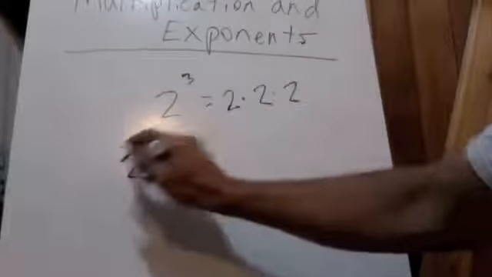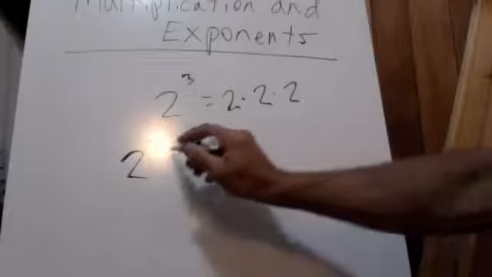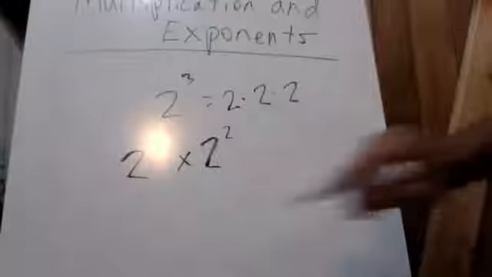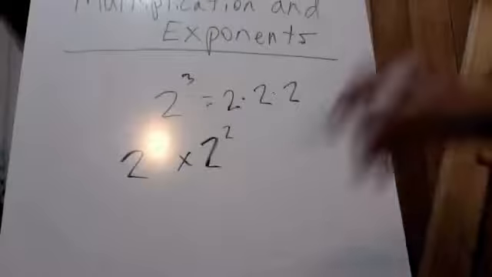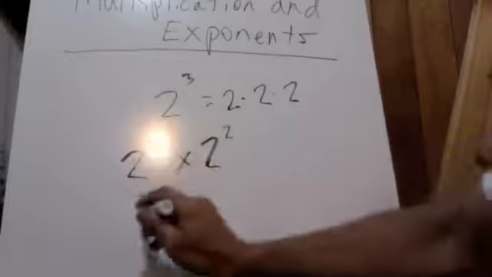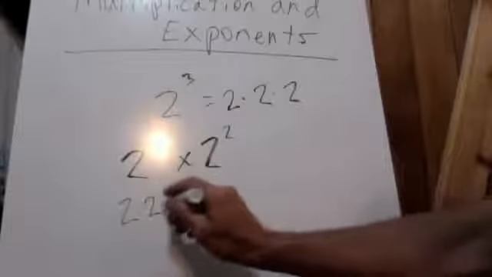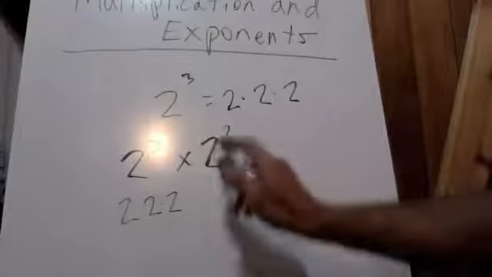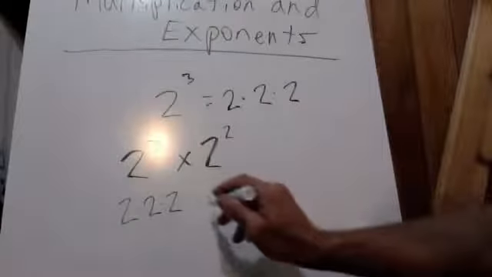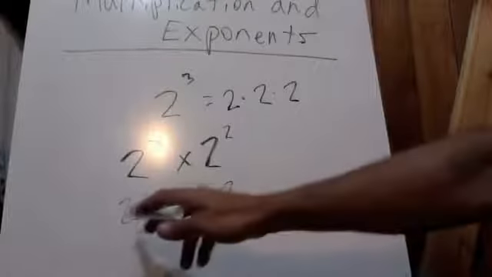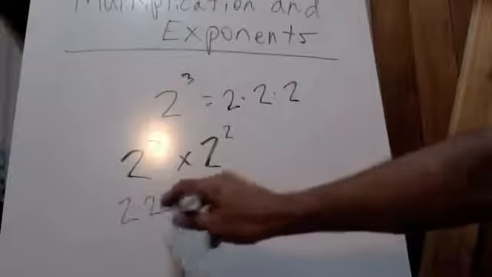For instance, if we had 2 cubed multiplied by 2 squared, think what's happening here. It's basically 2 times 2 times 2. There's three multiplications here. And then we multiply it by 2 times 2. And so if you see what happens, we end up getting 2 to the 5th power.